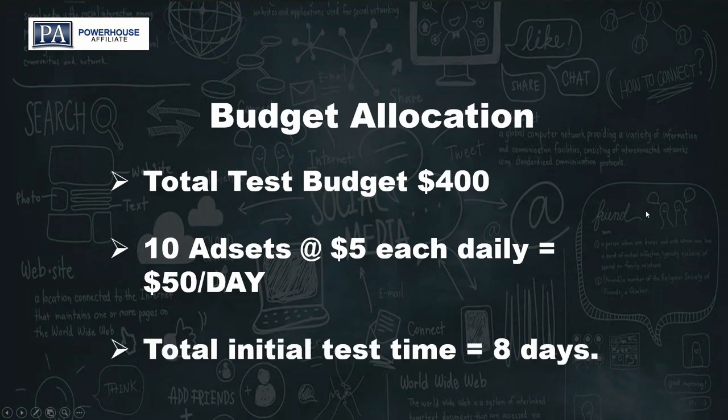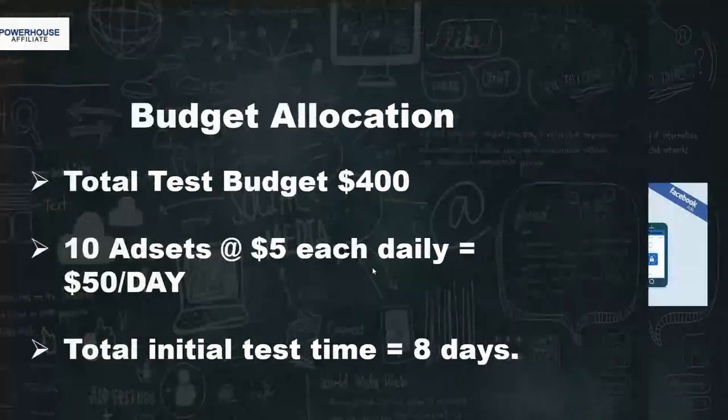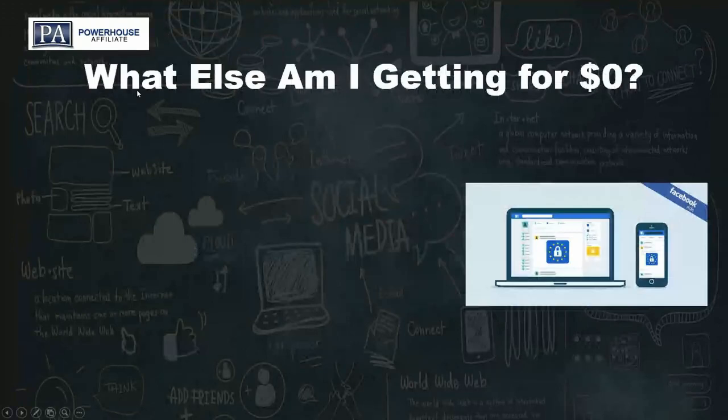For $400, I'm getting 8 days of testing, and hopefully I'm going to have 100 leads, and I'm going to have 2 conversions on the straight sale diet offer, and I'm going to be making $2 per email subscriber on the first set of emails that they receive. And I've got that all set up.